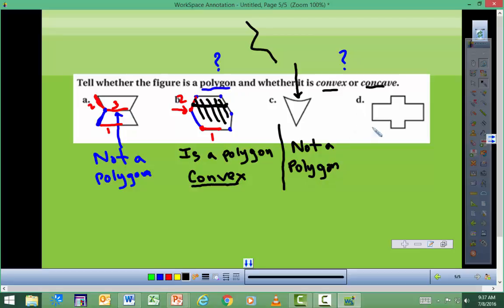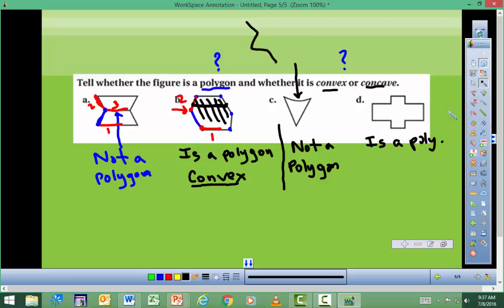And let's move on to the final one. This one is a polygon because it's made up of a bunch of segments, and you'll notice quickly that there's only 2 intersection points at the end point. So it is a polygon. Is it concave or convex?